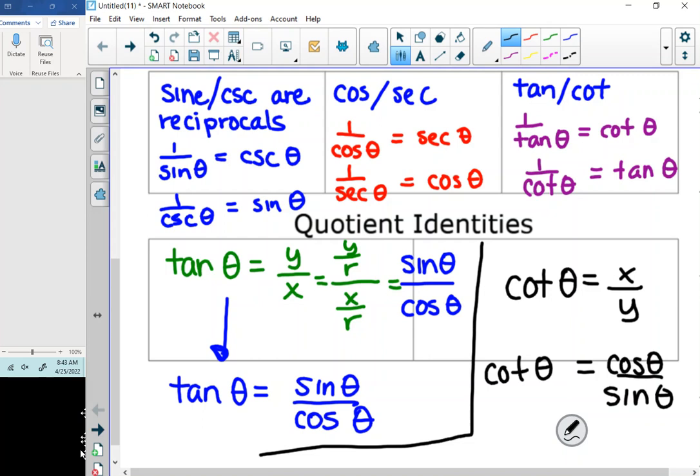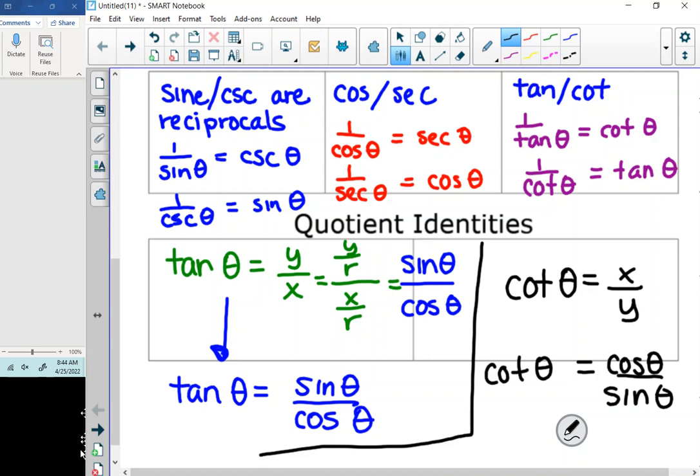All right, so then cosecant is 1 over sine, secant is 1 over cosine, cotangent is 1 over tangent. Okay. So that's the reciprocal ones.